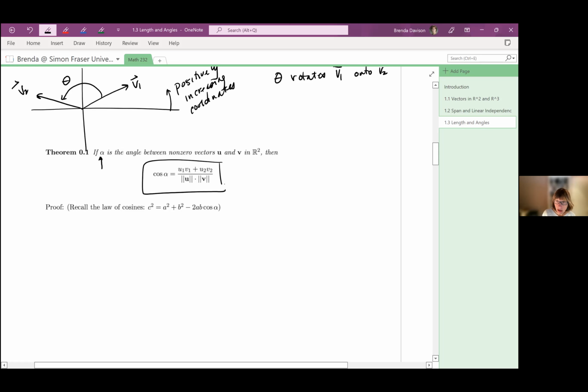And then we divide that by the product of the norms. Okay, so in this case, we're thinking of the vector u as being (u1, u2), and v as being the vector (v1, v2), like that. The norm of u is the square root of u1 squared plus u2 squared, and the norm of v is the square root of v1 squared plus v2 squared.